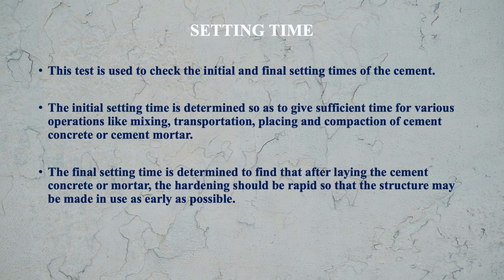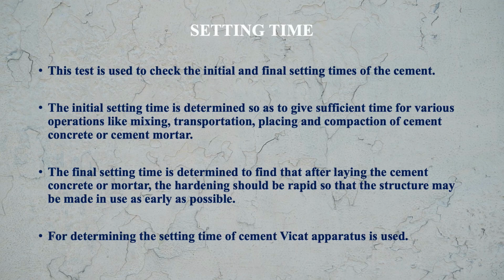Before the initial setting time, the cement should not start hardening, meaning it should remain in plastic state. So this is the importance of initial setting time. But final setting time is important because by that time the cement concrete or cement mortar should harden. These are the important points.